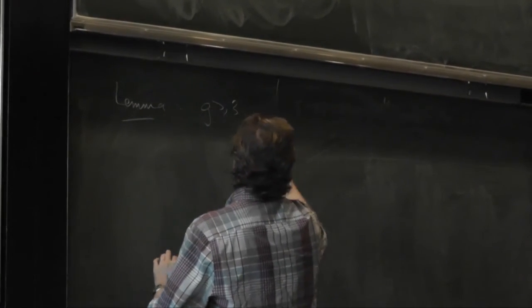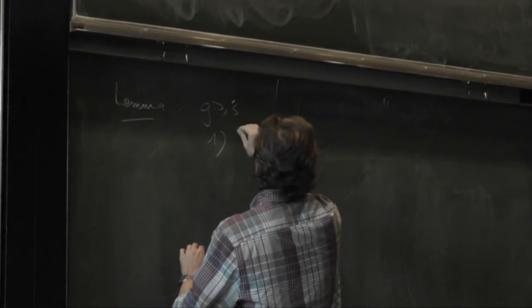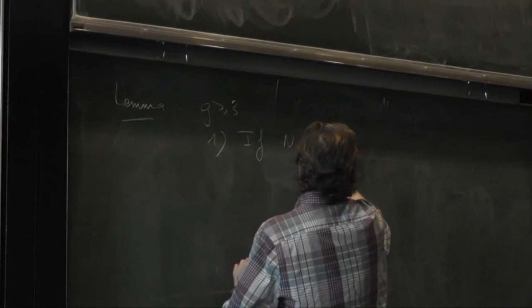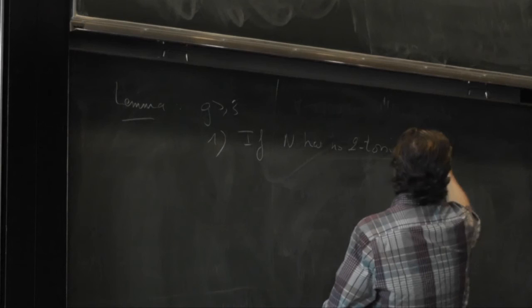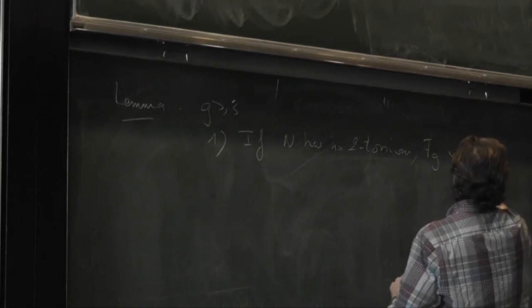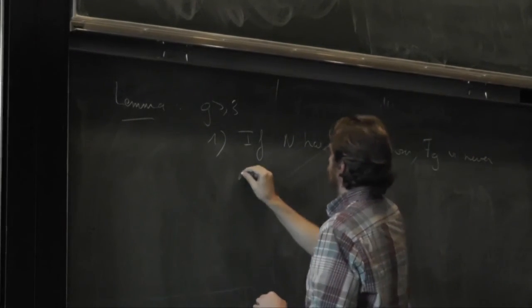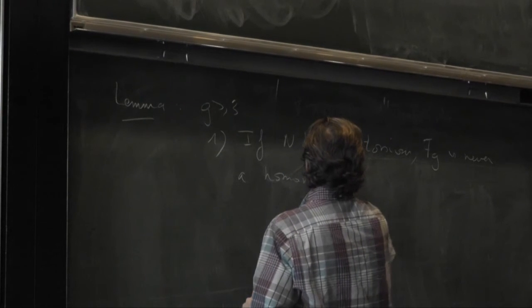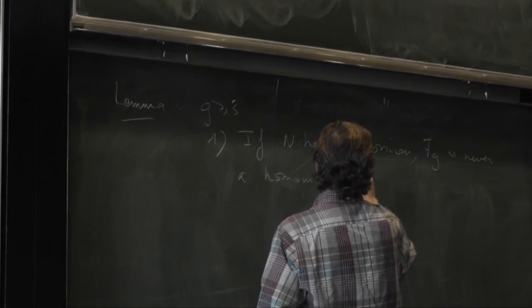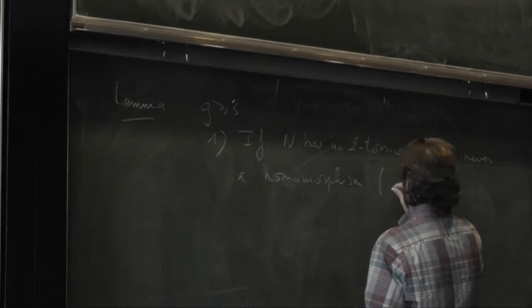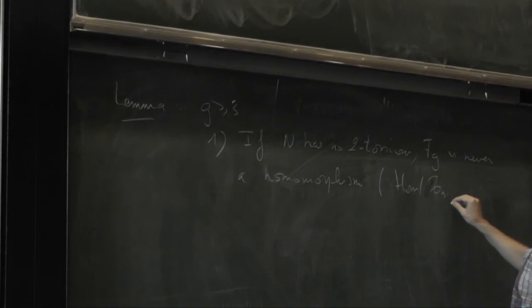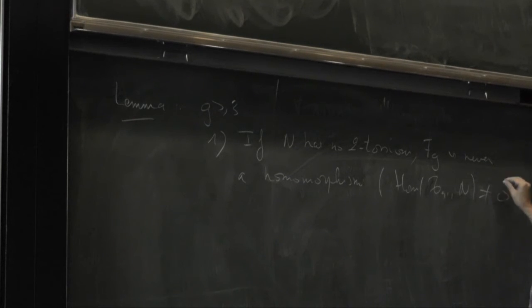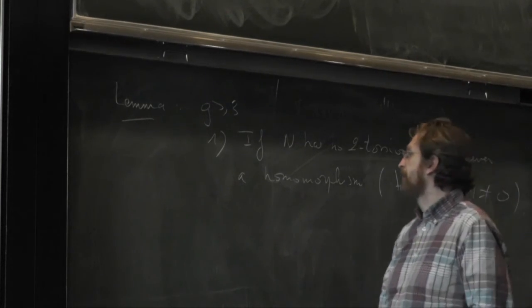Here this is 3. If N has no torsion, FG is never a homomorphism. But of course, this time the homomorphism from the Torelli group to N is not zero.